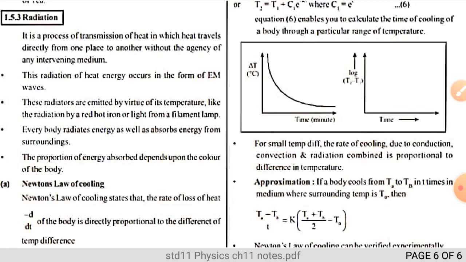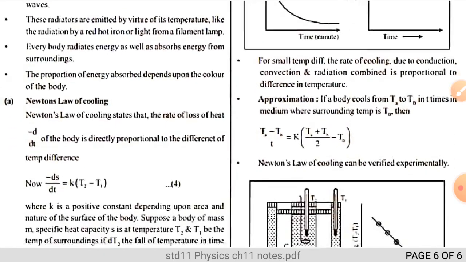So every body radiates energy as well as absorbs energy from the surroundings. For example, when you give so much heat energy to an iron rod, that iron rod will become red in color, right? Because of temperature, the radiations coming from that substance change. So that is the reason of radiation.